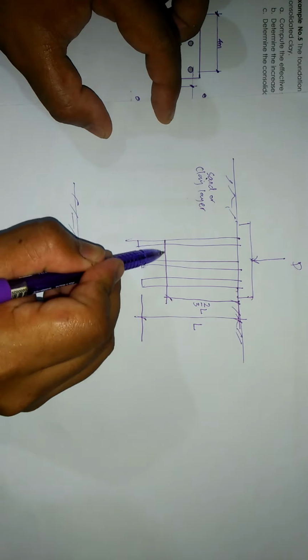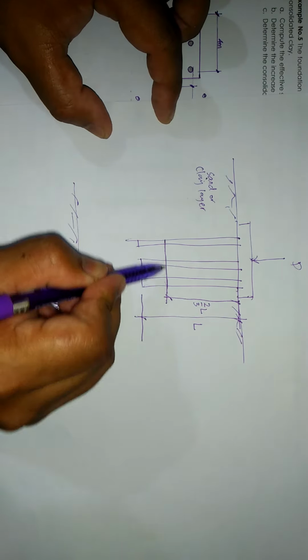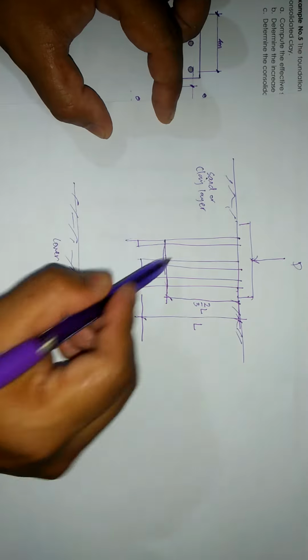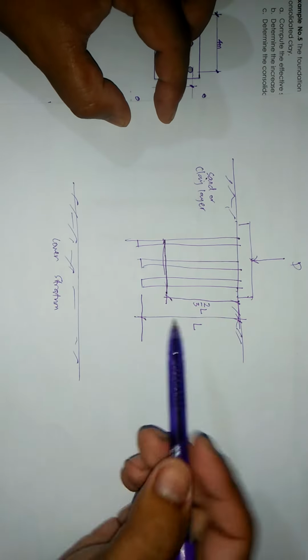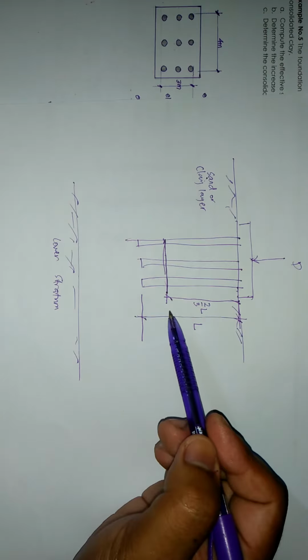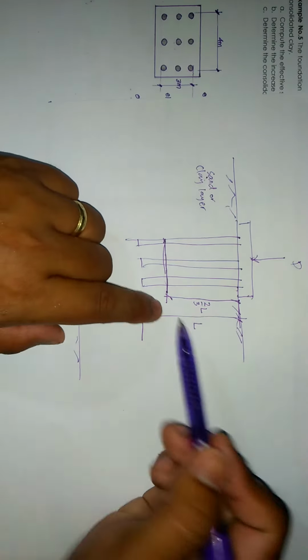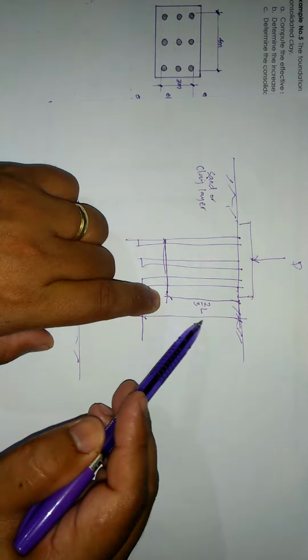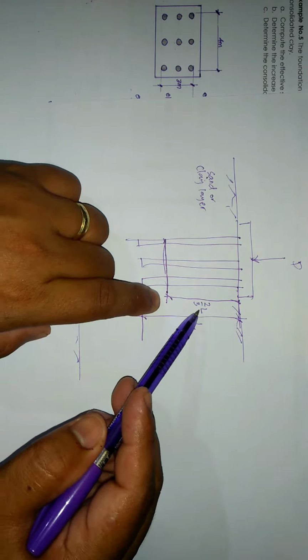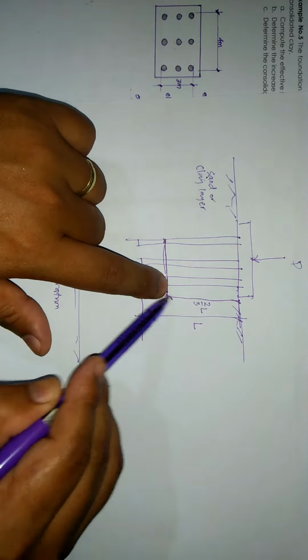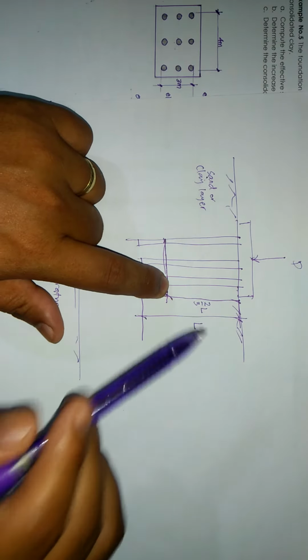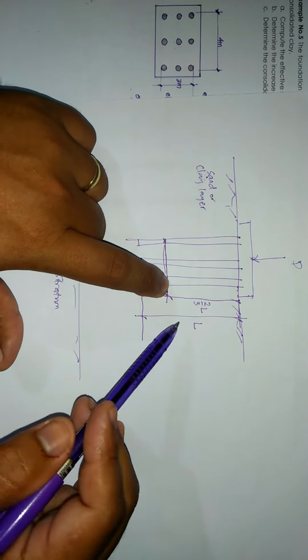And then, from that portion, kung ito yung 2/3 of L, yung settlement above 2/3 of L is assumed to be negligible. Inulit ko, yung settlement above 2/3 of L is assumed to be negligible.